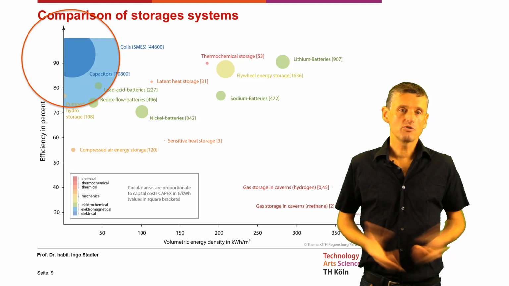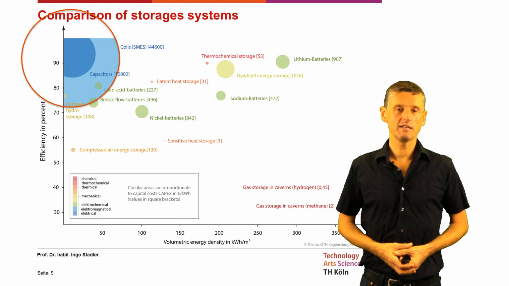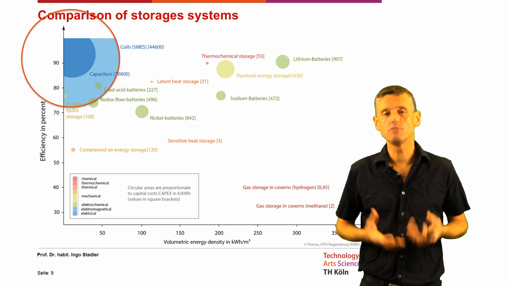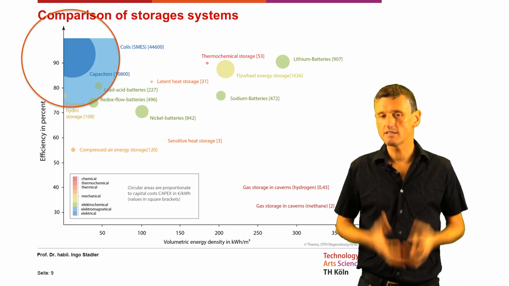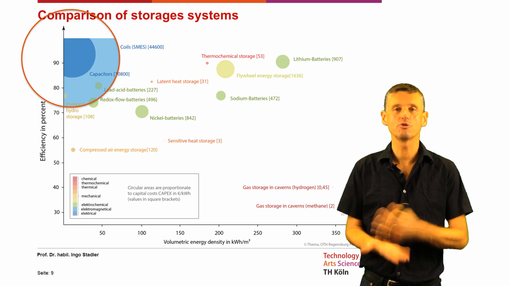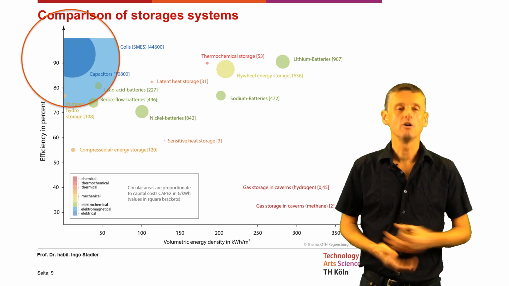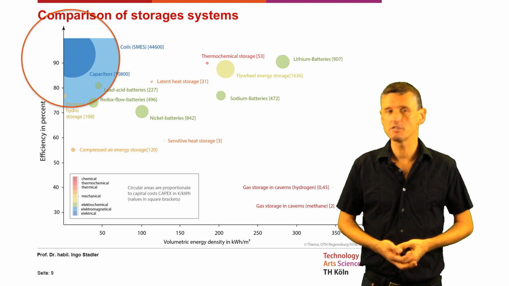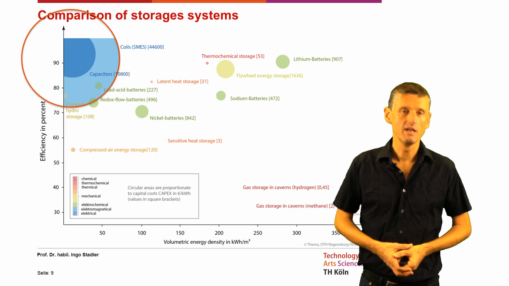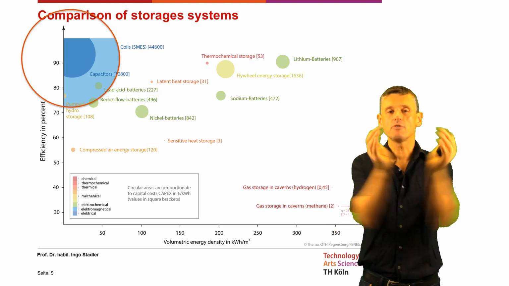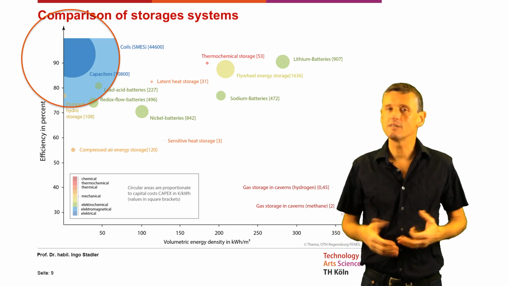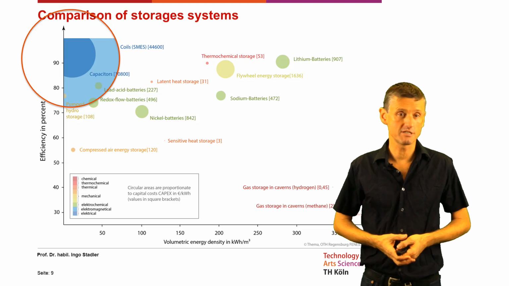Coming to another comparison, what we have here on the horizontal axis is the volumetric energy density in kilowatt hours per cubic meter. On the vertical axis we have the efficiency of typical storage systems in percent, and the area of those circles is the typical investment cost of a storage system.